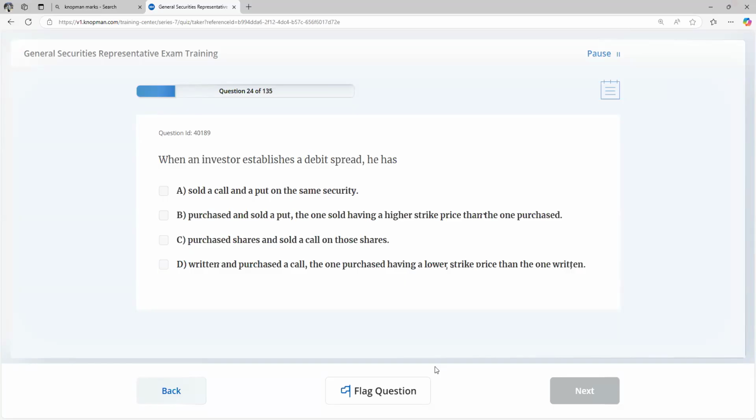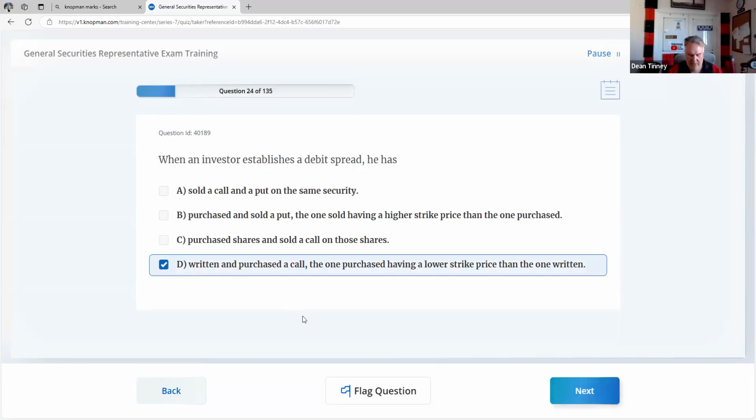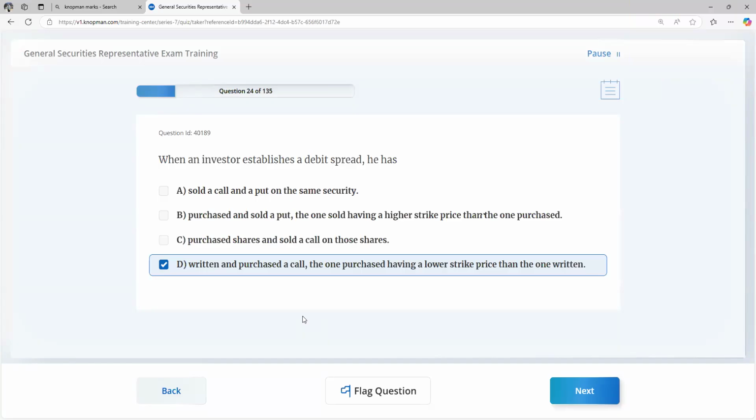The one purchased having a lower call, add to the lower, and it's a debit spread. Yeah, I feel like it's D. You're correct. Lower, higher, longer. Lower strike call contracts always have greater premiums. This test is putting me through an emotional spiral.